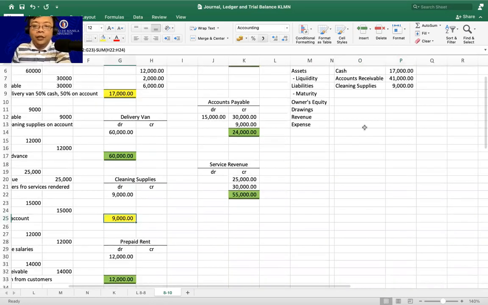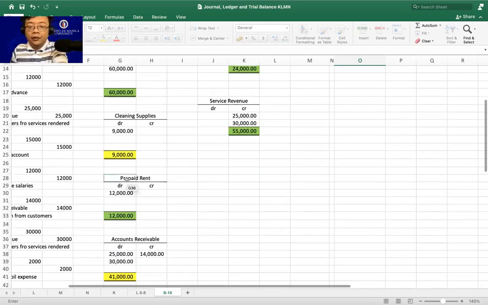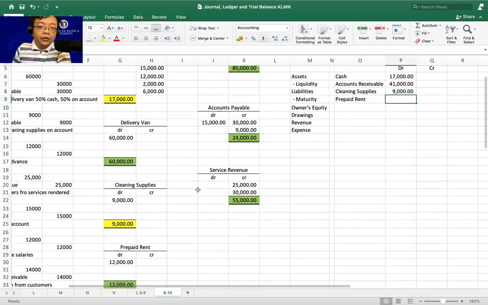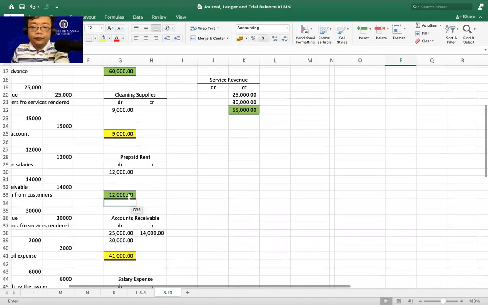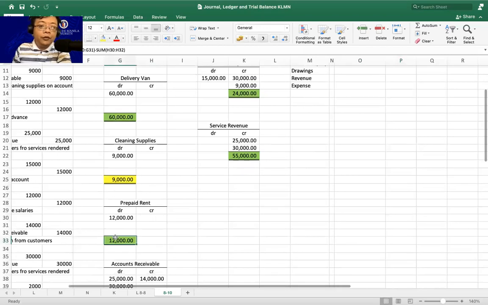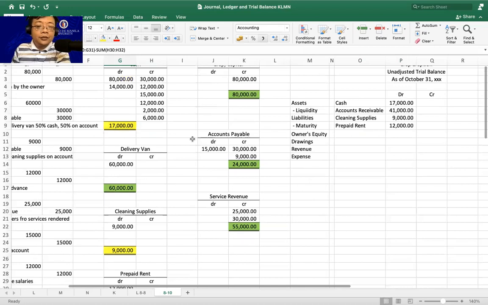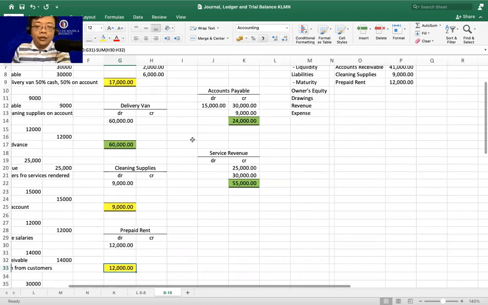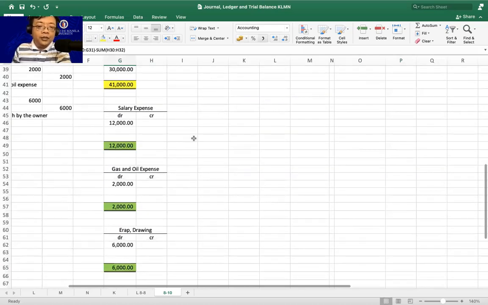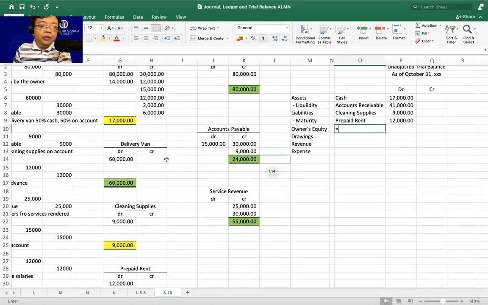Next, we have your prepaid. Prepaid rent worth 12,000. So I will put yellow here. Next, after cleaning supplies and prepaid, there's nothing else, so only expenses are left. We also have our delivery van.